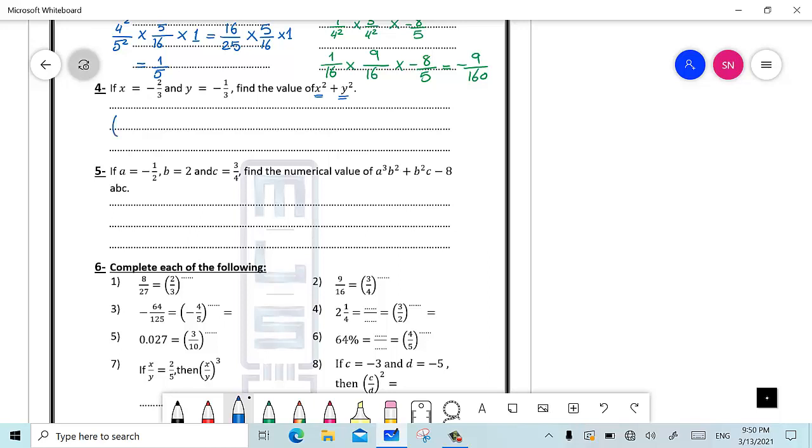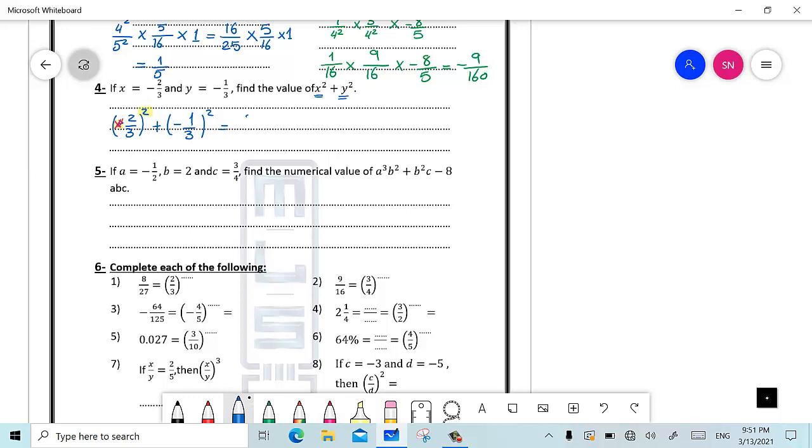So I have here negative 2 over 3 to the power of 2 plus negative 1 over 3 to the power of 2. Again, I have here an even power and a negative sign. So the even power is going to cancel the negative sign.